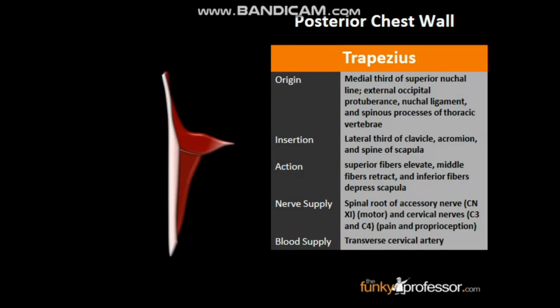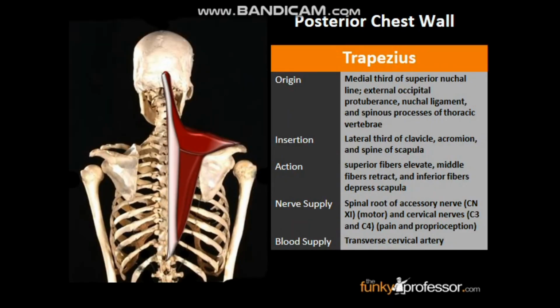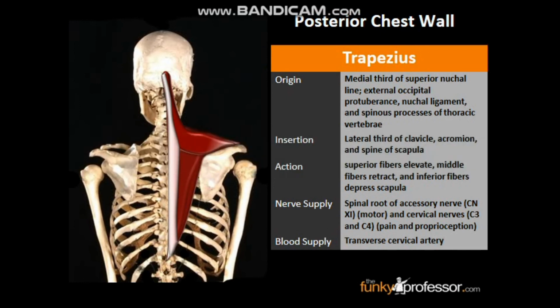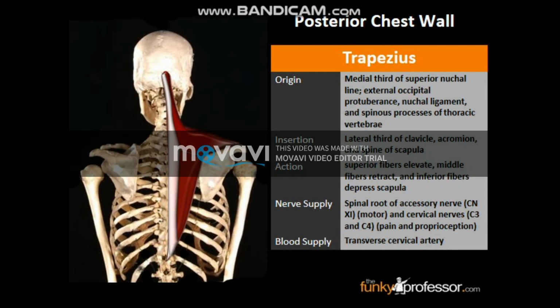Come to another one, the trapezius. Origin is the medial third of the superior nuchal line and the external occipital protuberance, and insertion is the lateral third of the clavicle, the acromion and spine of the scapula. The action is to elevate and depress the scapula. The nerve supply, which is very important, is the accessory nerve and cervical nerves.